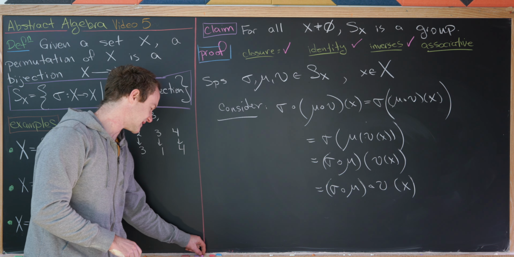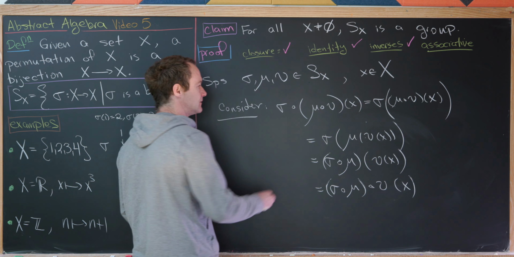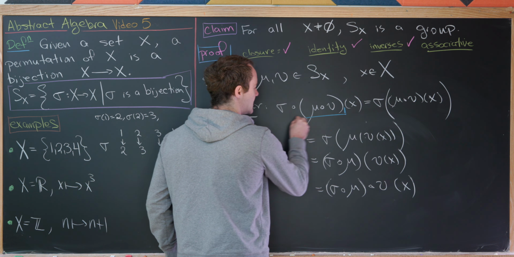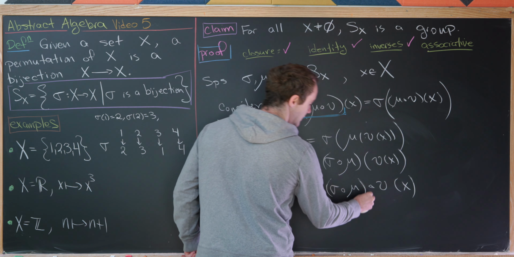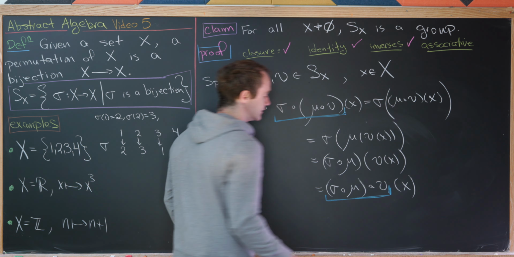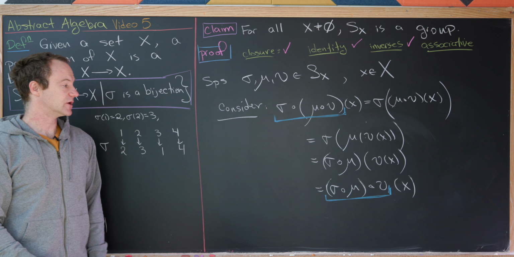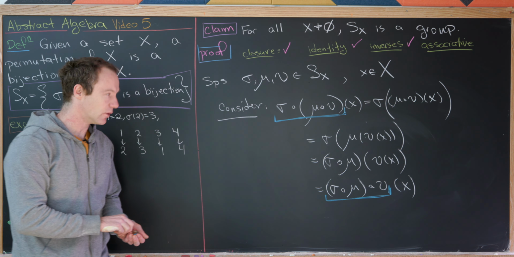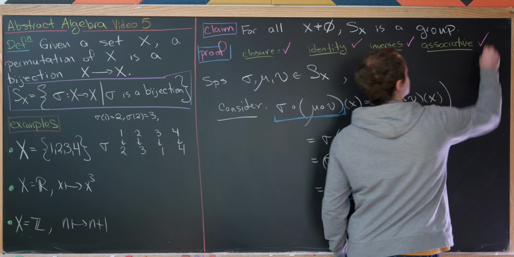But since x was chosen arbitrarily, this function that I'm underlining in blue is equal to this function down here that I'm also underlining in blue. The equality of those two functions is exactly what we need for associativity.